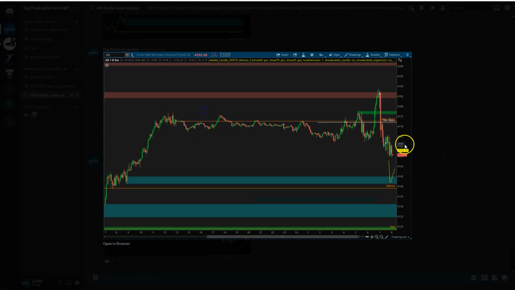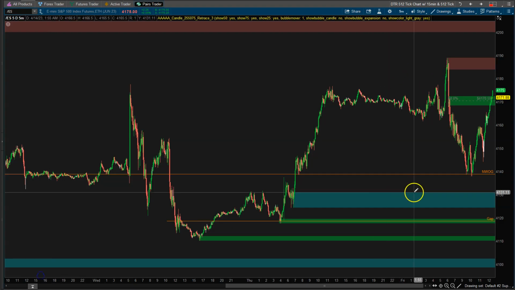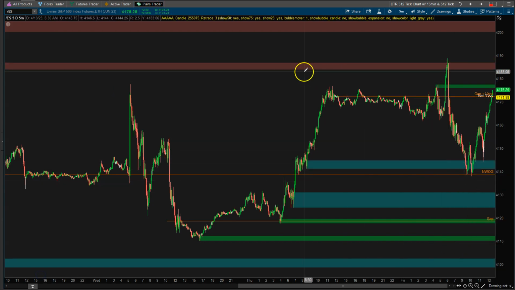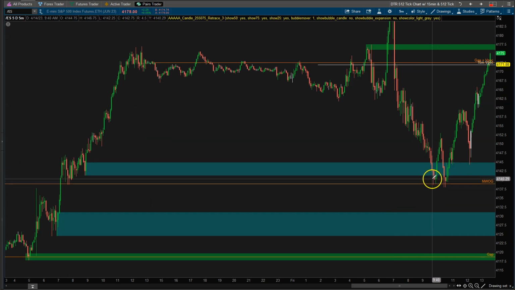We had this trade zone. I kind of alerted, said, hey, watch for a bounce right down here. Okay, and this is actually what happened. Let me pull up what the zones were, right? And it just overshot by a couple, I think like 2 points, and then it had the massive reverse.